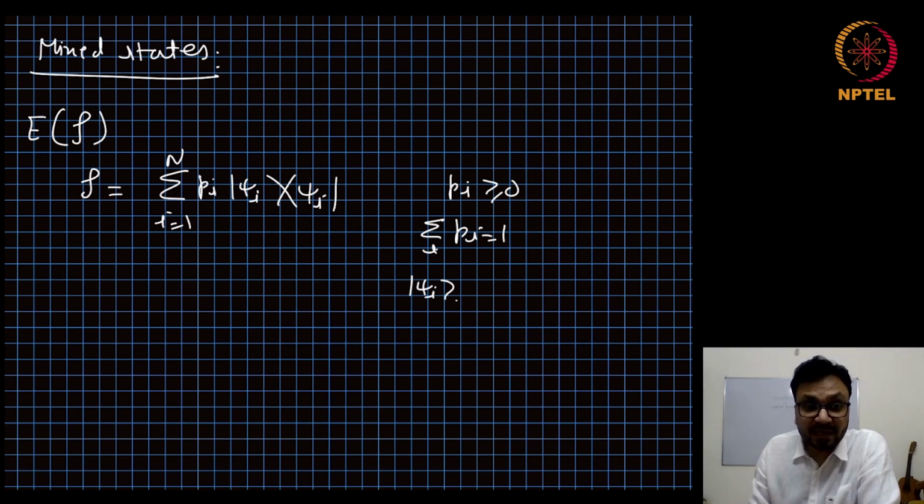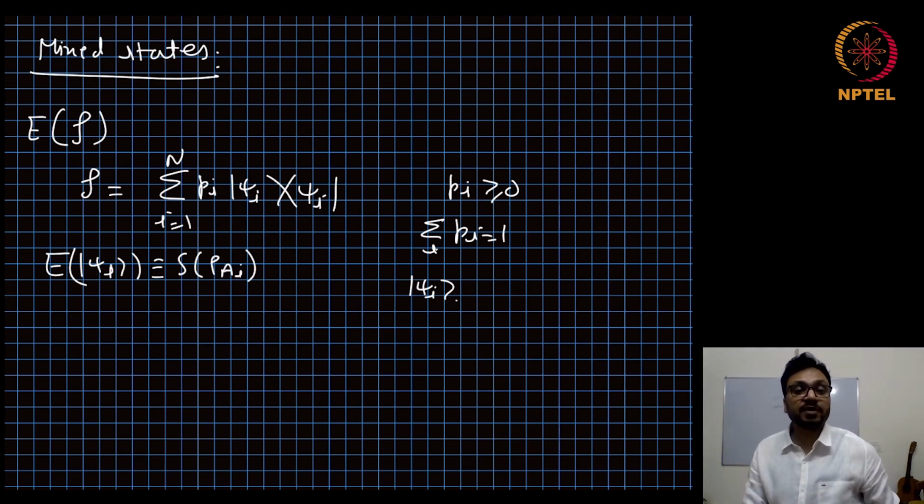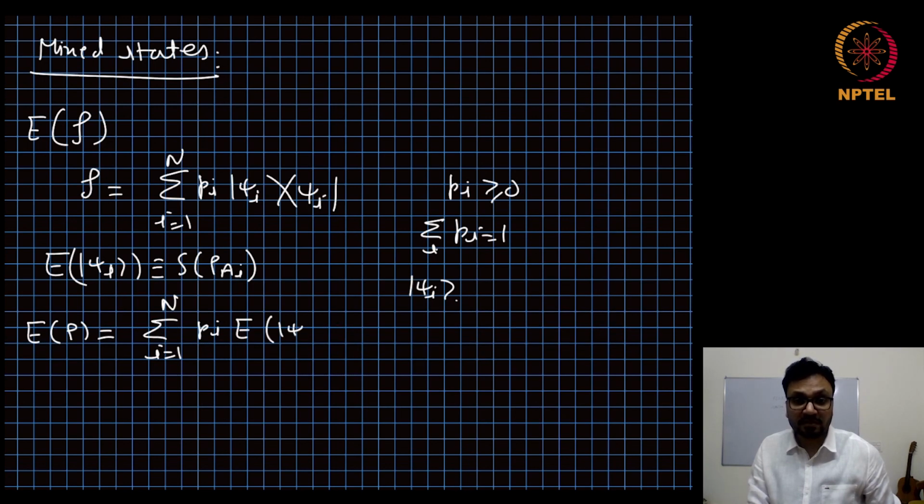Now we know the entanglement measure in a pure state, which is the Von-Neumann entropy in the reduced density matrix of the corresponding state. Then we can write the entanglement in rho as sum over I from 1 to n of pi I times the entanglement in psi I.